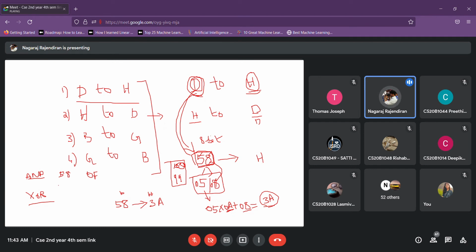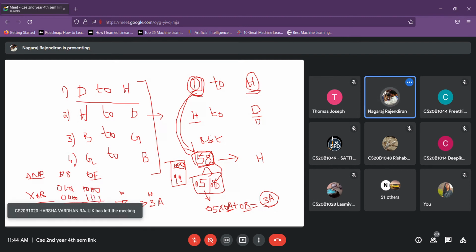For example, 58 means it is 0101 and 8 is 1000. Similarly, 0F is 0000 and F is 1111. So if you perform AND operation, it is 0001.